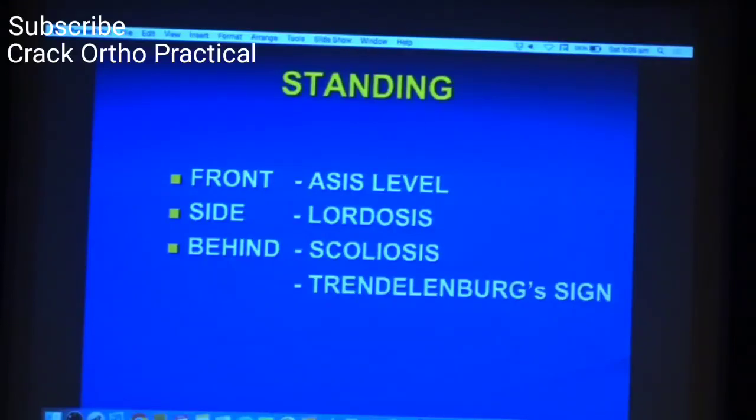But when we made him lie down, I had demonstrated to you that we could bring that anterior superior iliac spine to the same level, for the simple reason that this patient had this deflection purely because of a limb length discrepancy.